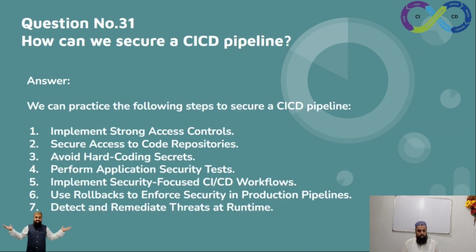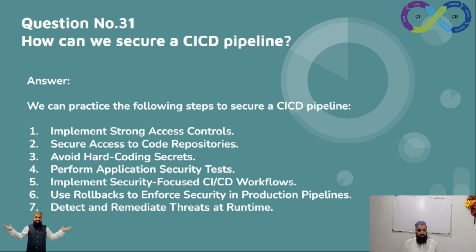Question number 31. How can we secure a CI/CD pipeline? The answer is you have to remember these 7 steps. These are really important to secure a CI/CD pipeline. The first is to implement strong access controls. The second is secure access to code repositories.